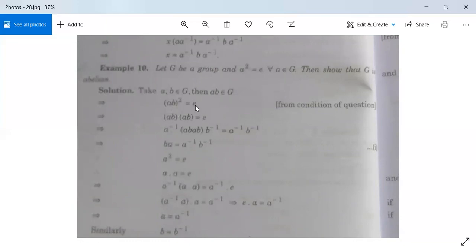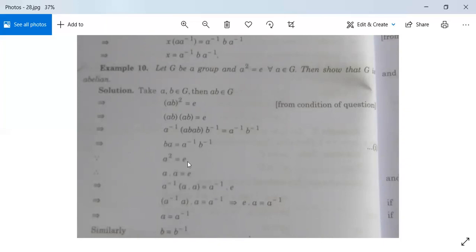Then (ab) square is equal to e from this condition, means abab is equal to e. It means a inverse abab b inverse is equal to a inverse b inverse. So a inverse a हो जाएगा e और b b inverse हो जाएगा e. So you will have only ba left hand side. So ba is equal to a inverse b inverse.